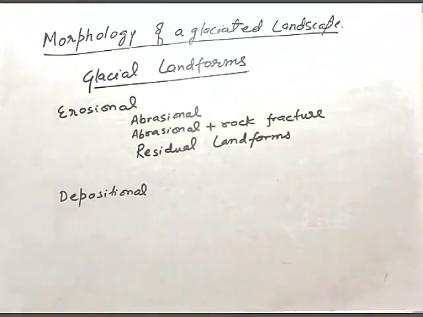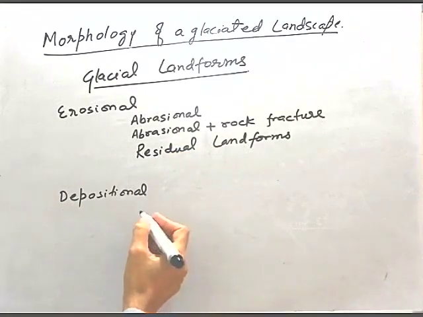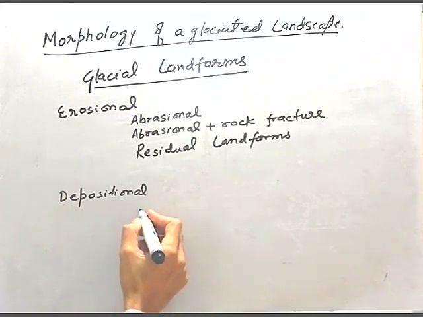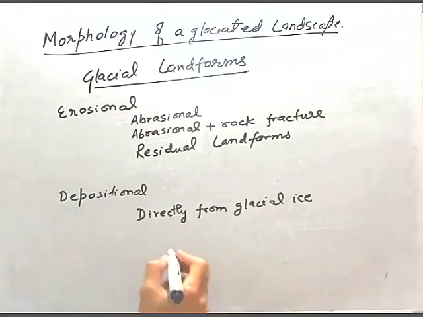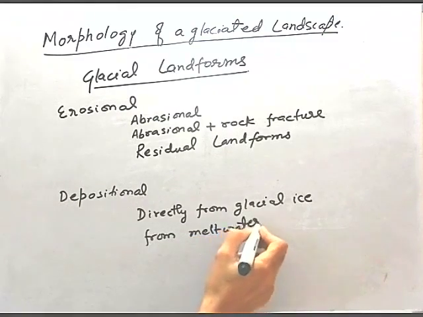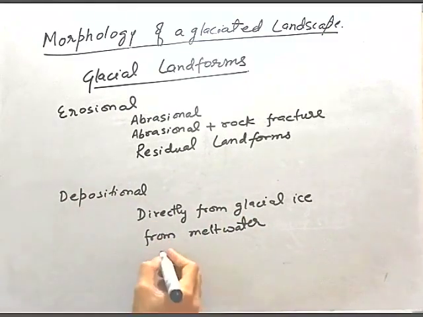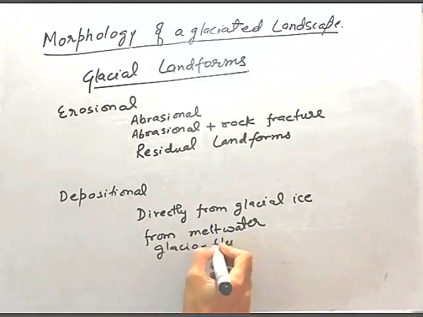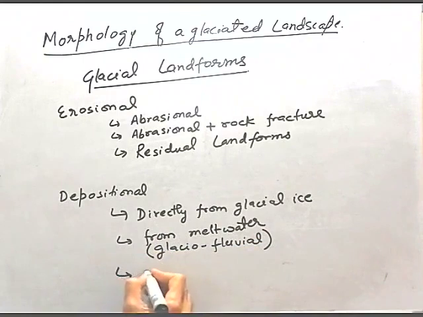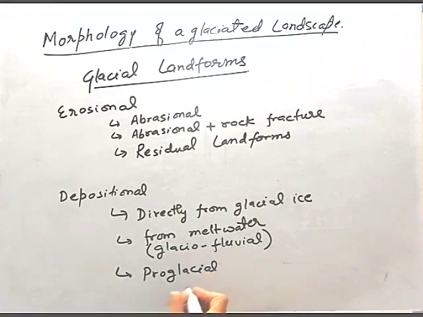And depositional landforms can be again classified as the landforms that are deposited directly from glacier ice and those deposited from melt water that is coming out of the glacier. These are also known as glaciofluvial landforms. And then there are proglacial landforms.